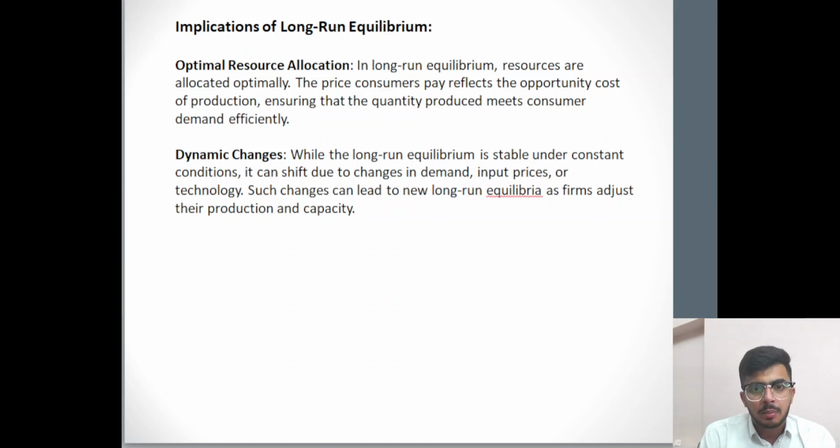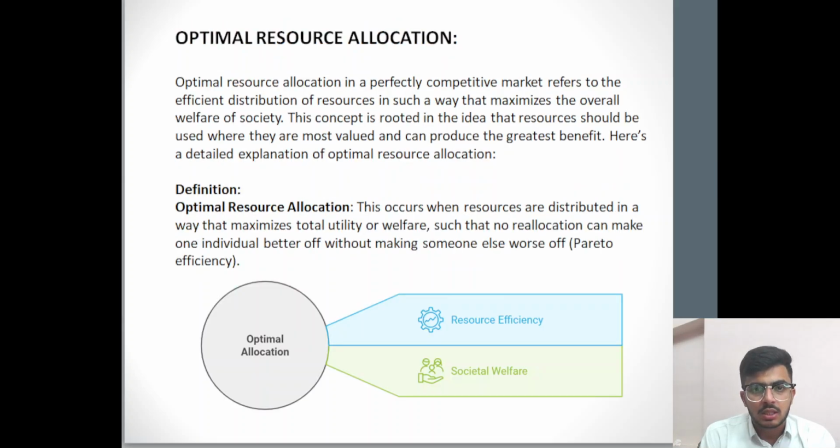The price consumers pay reflects the opportunity cost of production, ensuring that the quantity produced meets consumer demand efficiently. And for dynamic change, while the long run equilibrium is stable under constant conditions, it will shift due to changes in demand. Changes in input prices or technology can lead to a new long run equilibrium as firms adjust their production and capacity.